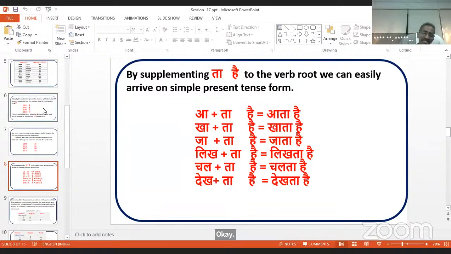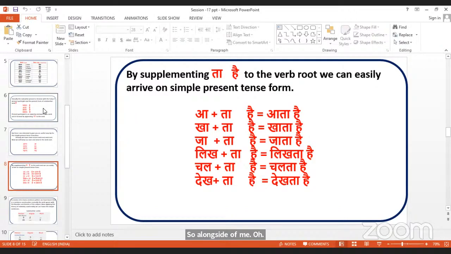So whenever and wherever we see ta hai along with the verb root, we can generalize that the formation is made in simple present tense. Ta hai: आता है, खाता है, जाता है, लिखता है, चलता है, देखता है. Kindly repeat along with me. Aa plus ta hai, आता है.